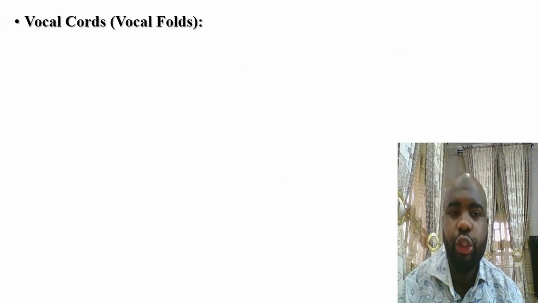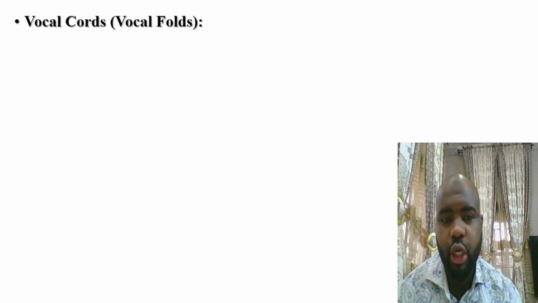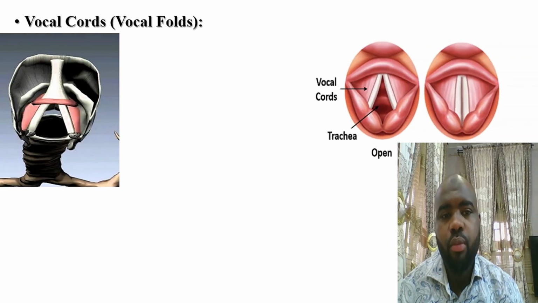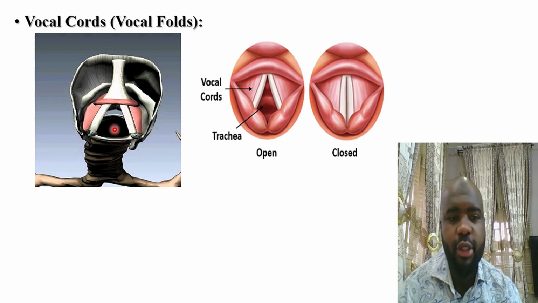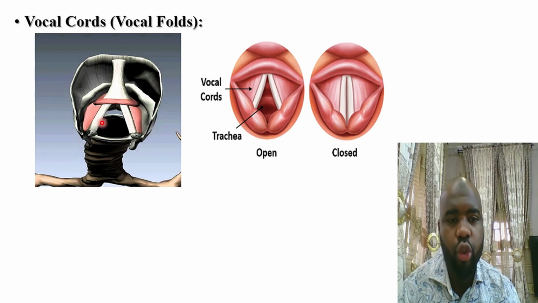So now the vocal cords or the vocal folds. These are the vocal folds, 1, 2. These are the cords, and in here is the trachea. This is another diagram of it. Here is the trachea, and this is the cord. This is another cord. Two cords or two folds. Open, closed. Open, closed.